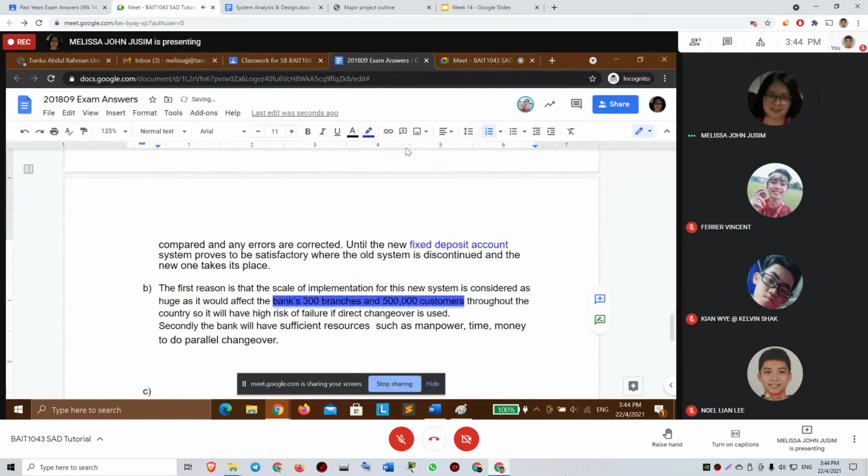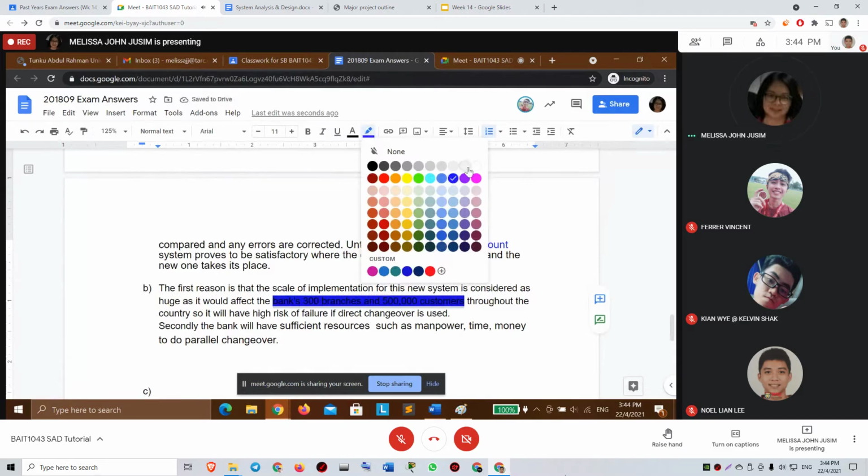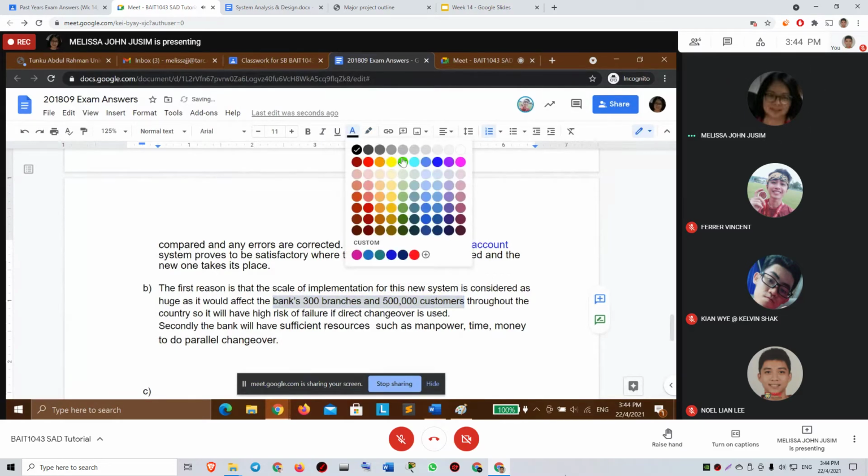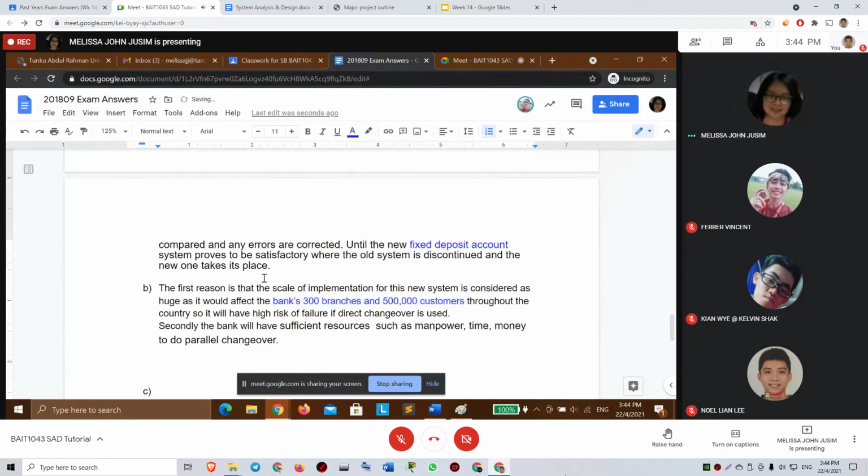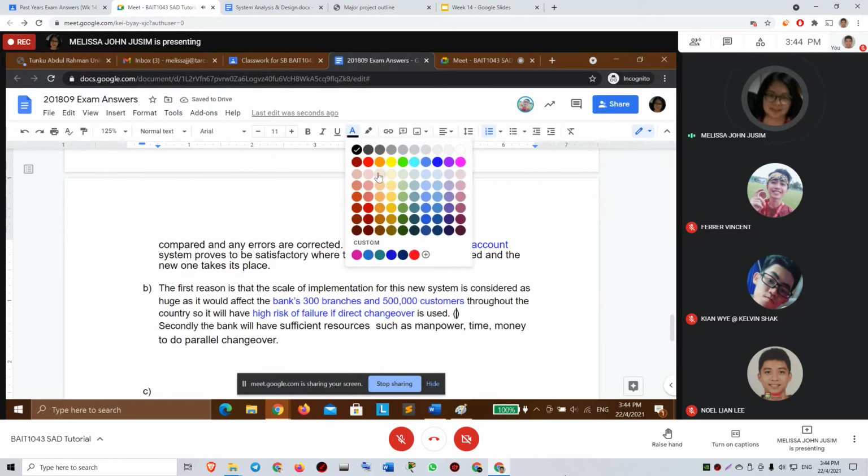Very good. There would be a high risk of failure if direct changeover is used. So you must remember, I just put a remark here.